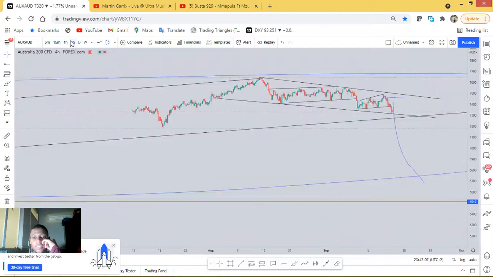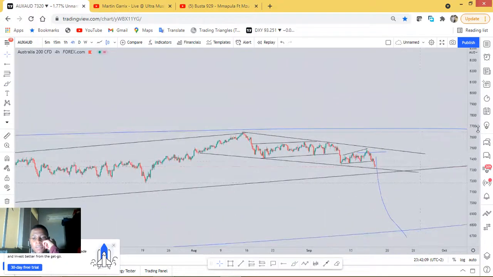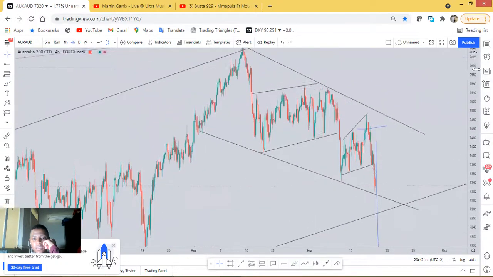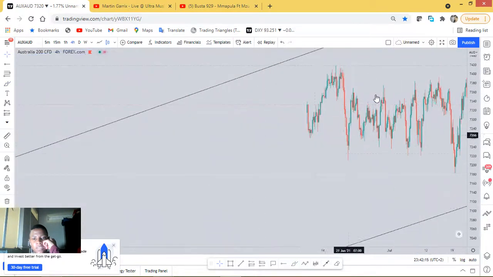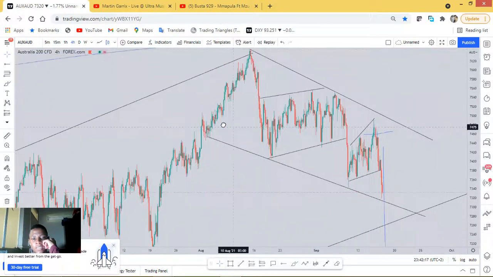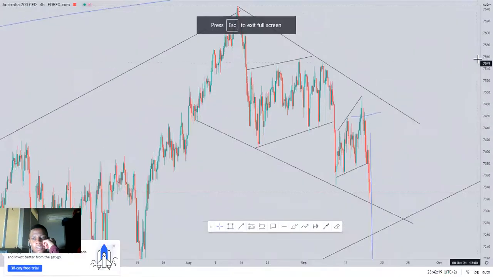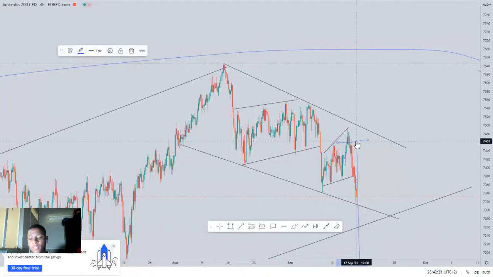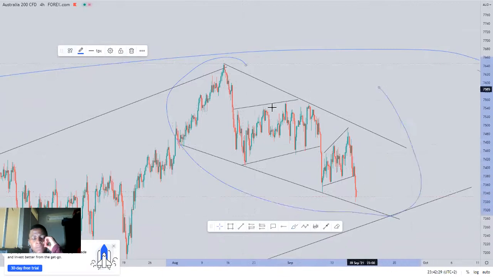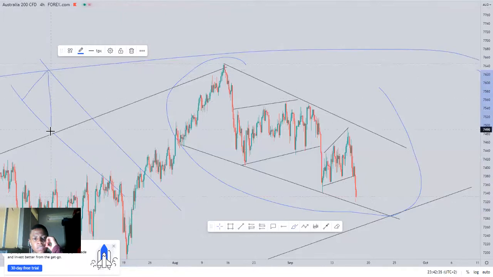But on the 4 hour, do not consider all this other price action when you only look at the current price action on the 4 hour. You can see that we also have a pattern of some sort, some sort of a descending channel as well.